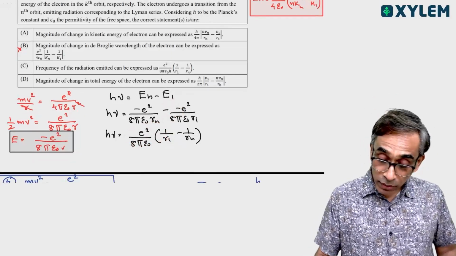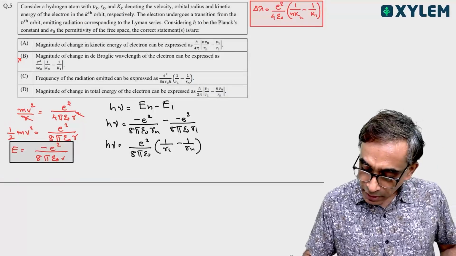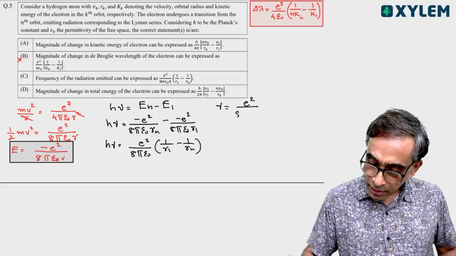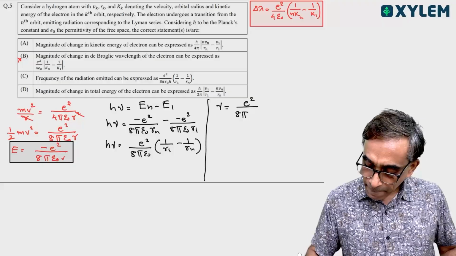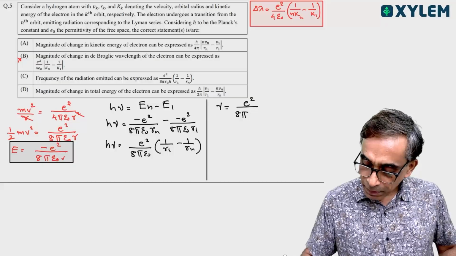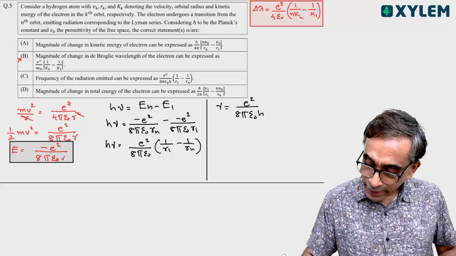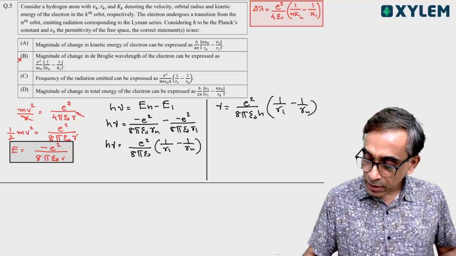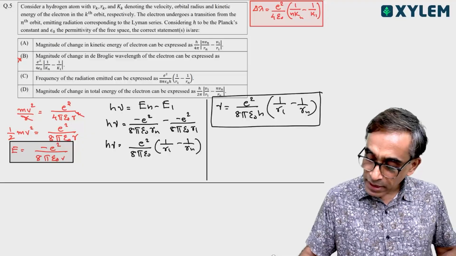Now you want the frequency. The frequency is given by e squared divided by 8 pi epsilon 0 h bracket 1 by R1 minus 1 by Rn. This is the equation for the frequency emitted.